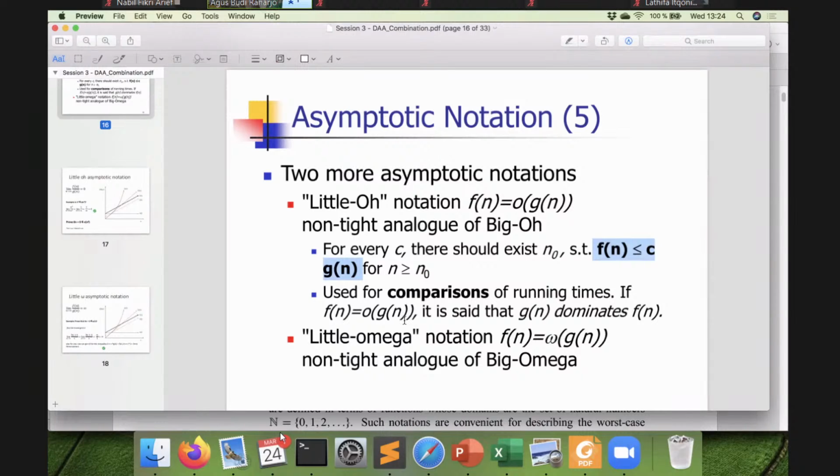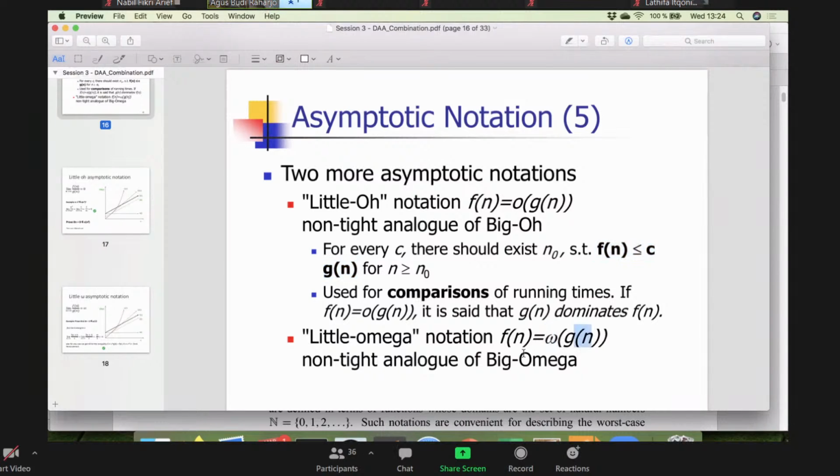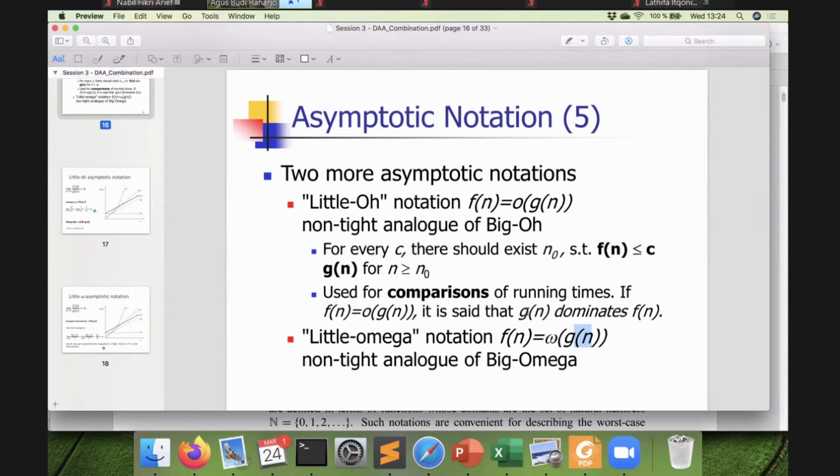Little omega notation, f(n) is little omega of g(n), is the analog of big omega. So this is the contrary of little o, where little o will have a wider distance between f(n) and the little o function, which is g(n).